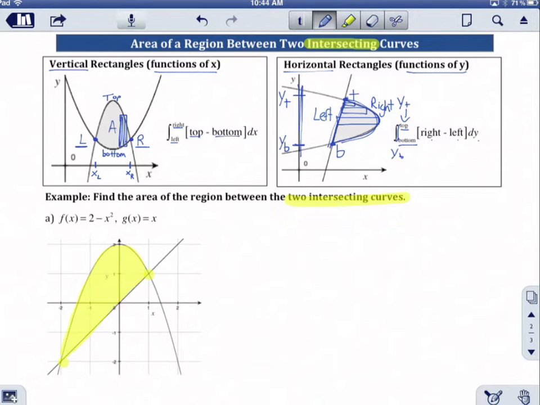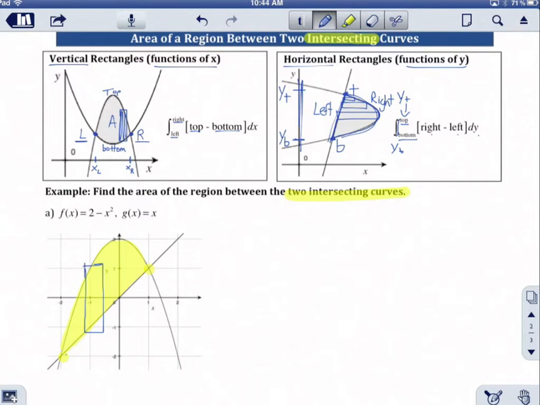We have to be able to make rectangles across this entire section here. So looking at this, these are actually going to be vertical rectangles. As you can see, I could make them all the way across anywhere on that interval. And let's go ahead and identify our f of x and g of x. So here's our f of x function, and here is our g of x function.